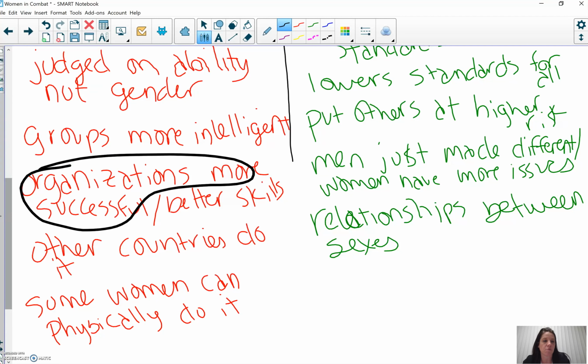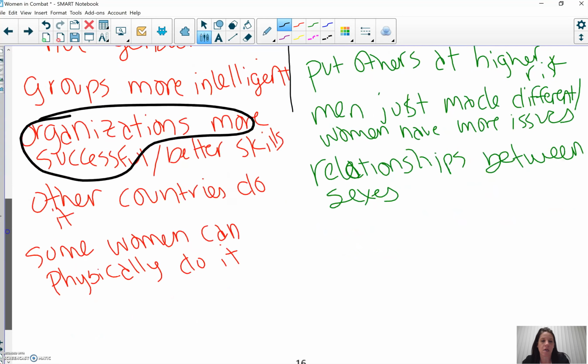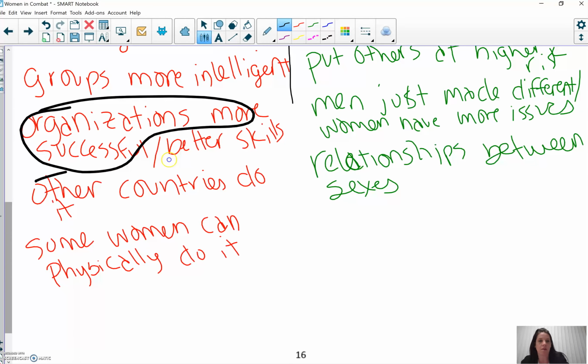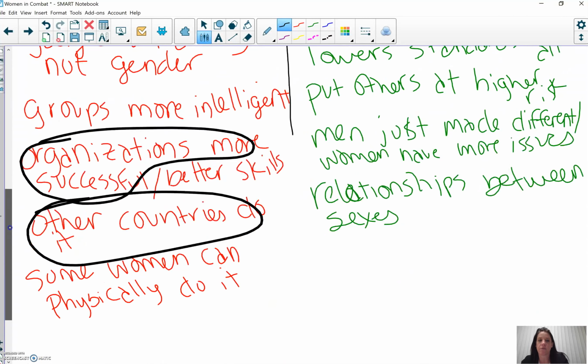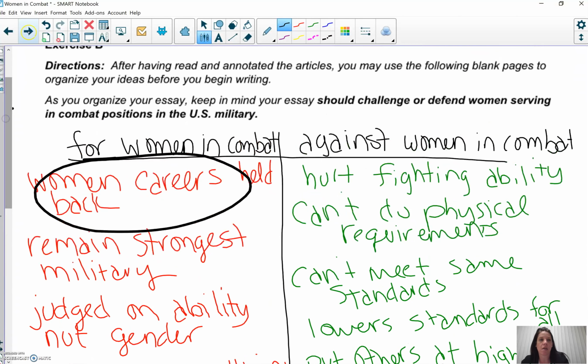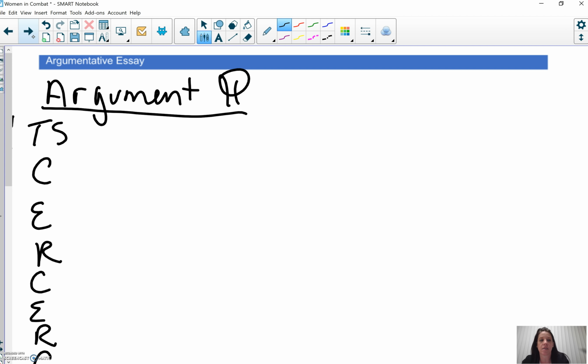They're more intelligent, they're more successful. We're going to kind of put those 2 together, and that other countries are doing this just fine, and that we should follow too. So I'm going to take those 3 things from my T-chart, and I'm going to plop them on. This is just an outline, so I don't have to write complete sentences. I'm just getting my thoughts out on paper. So I'm going to plop those down here.